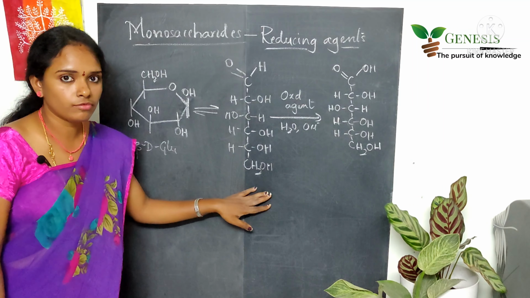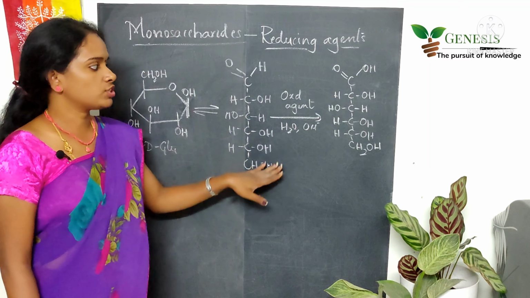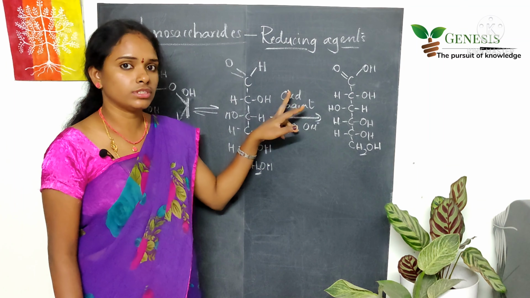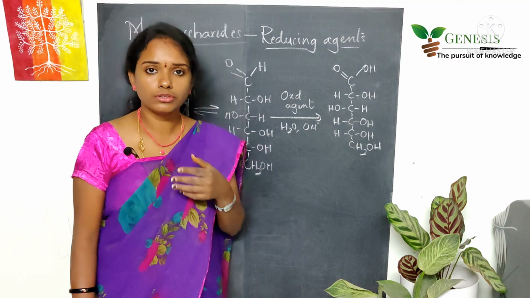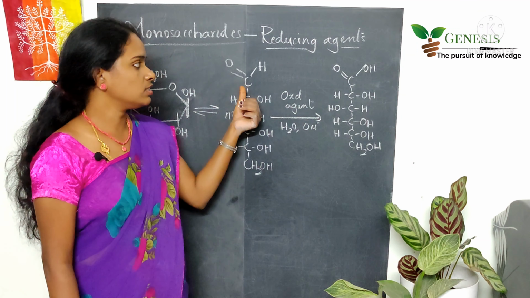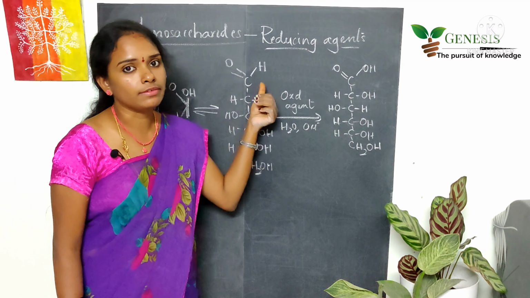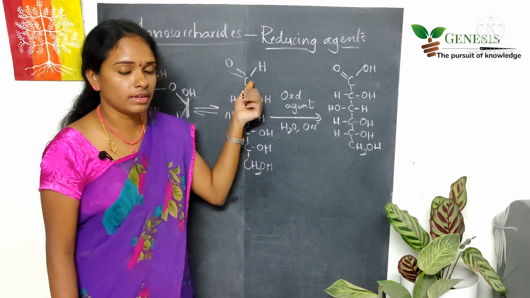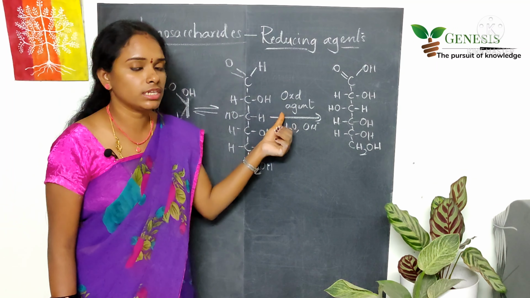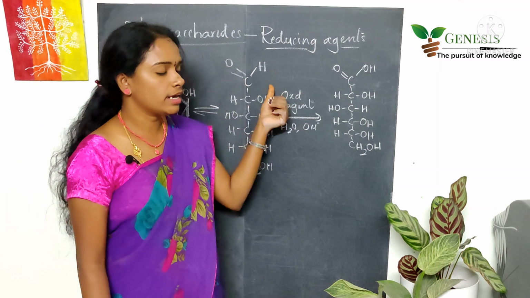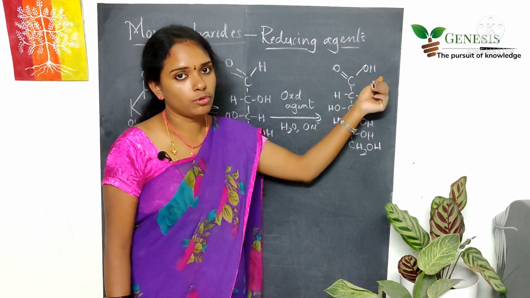So this open chain form of beta-D glucose can readily undergo the reaction with oxidizing agents like ferric ion or cupric ion, because here the aldehyde group is freely available to react with the oxidizing agents. So here the aldehyde group will be converted to carboxylic group.